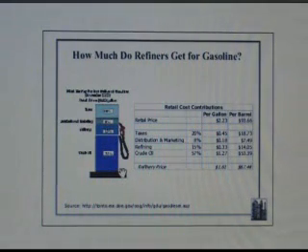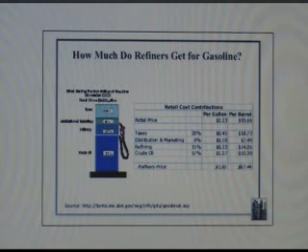How much does a refiner get for gasoline? Let's see. This one here, let's see if they say the date on it. I'm not sure if I can read the date. But anyway, say it sells at $2.23 per gallon, now it's getting close to $3, right?